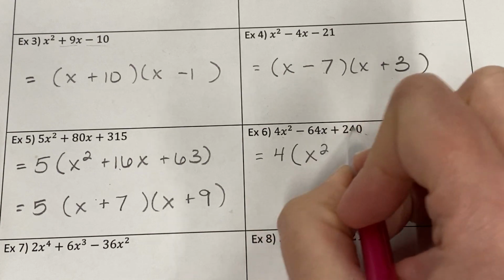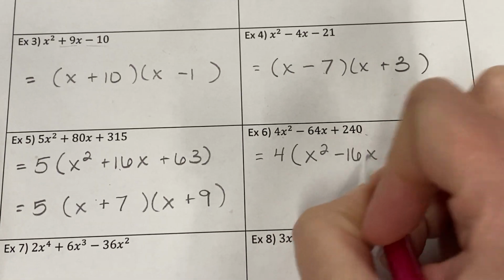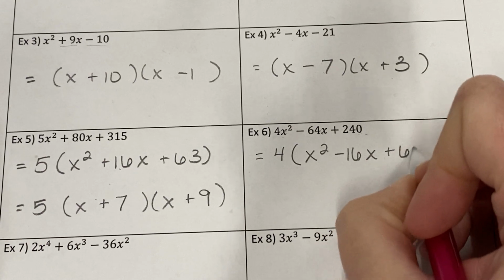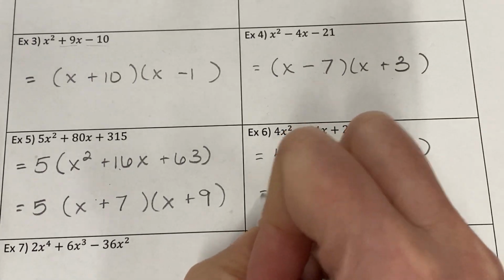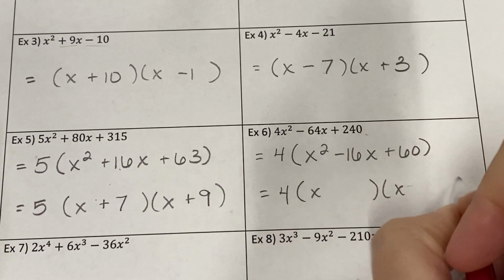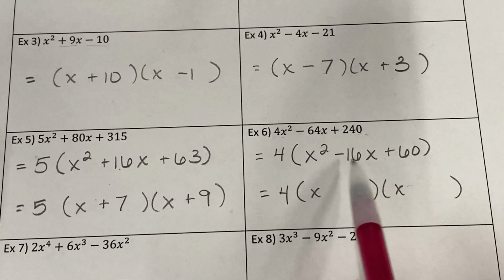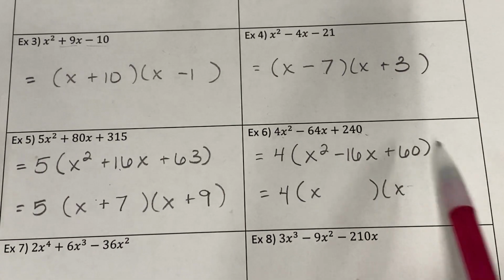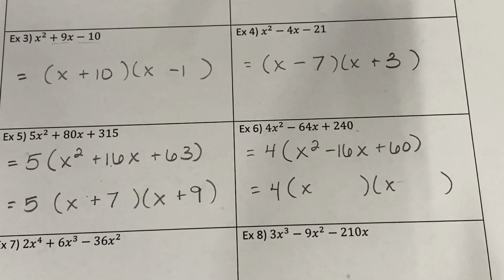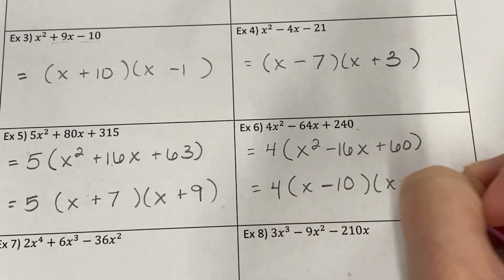All right, when I divide all three terms by 4, I get x squared minus 16x plus 60. Now we factor the trinomial. Two numbers that when we add them, we get negative 16, and when we multiply them, we get positive 60: negative 10 and negative 6.